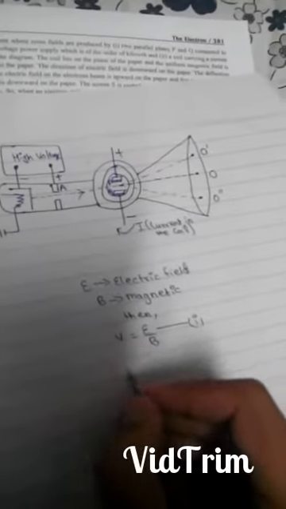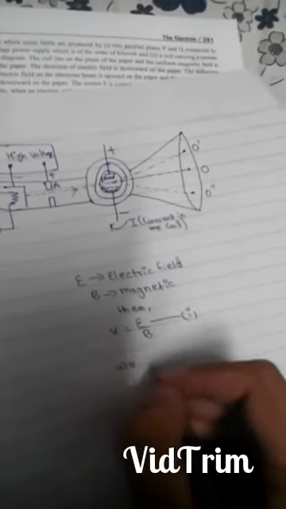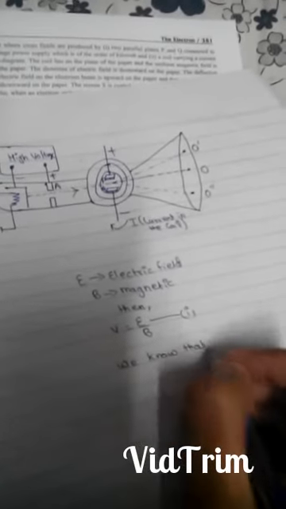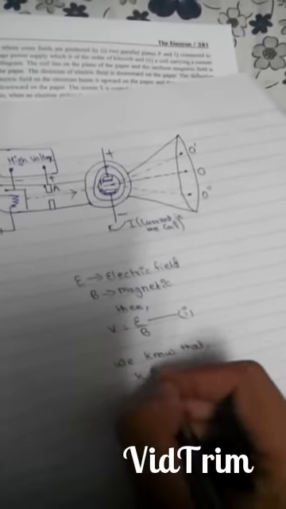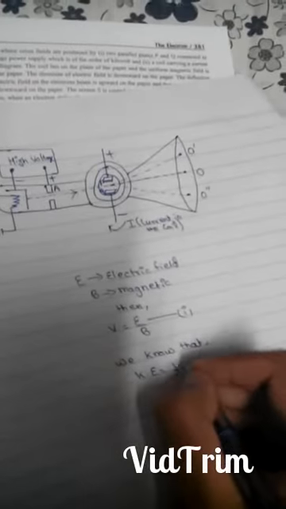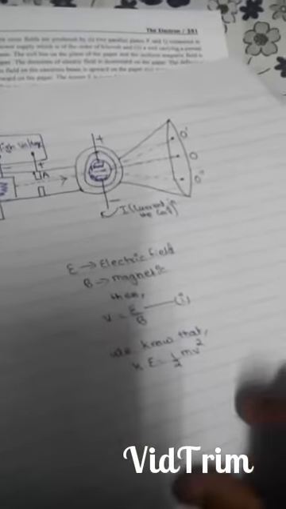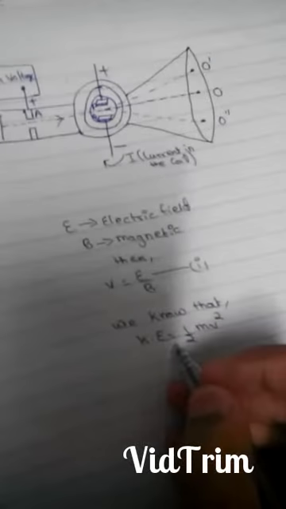Similarly, we all know the equation for the kinetic energy: KE is equal to half m v square. This is the required expression for the kinetic energy.